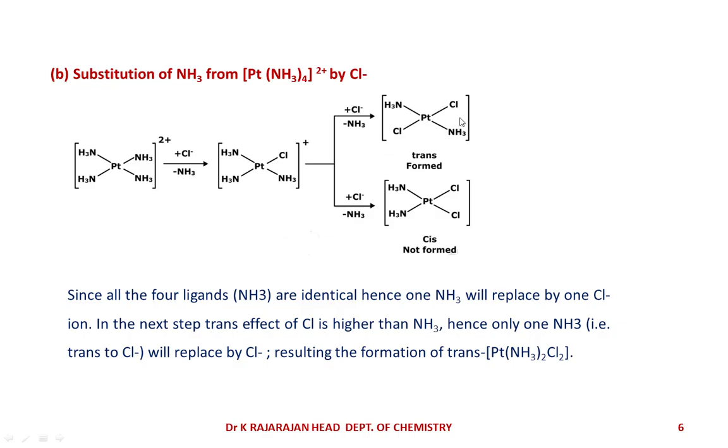This is what is called trans. The cis dichloro, cis diammine platinum is actually not possible. There is no evidence of such products because it purely depends upon the trans effect of the substituents. Since chlorine has a higher trans effect than ammonia, it will easily replace this ammonia with another molecule of chlorine.